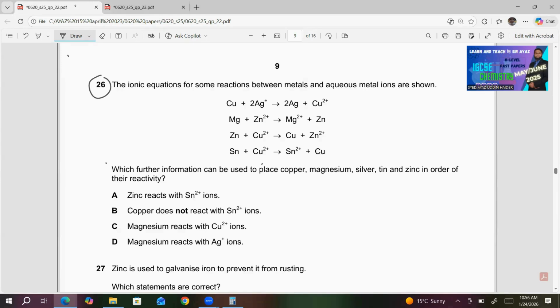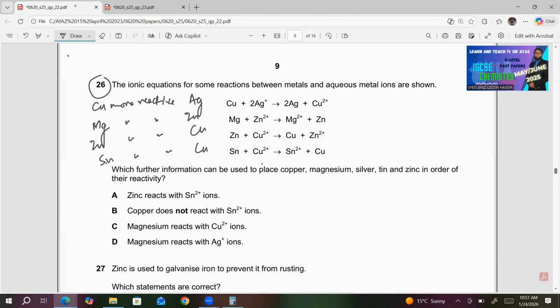If you look at the first equation, this tells that copper, Cu, is more reactive than Ag, silver. Magnesium, Mg, is more reactive according to the next reaction than zinc, Zn. Zinc is more reactive than copper. Last one, tin is more reactive than copper.